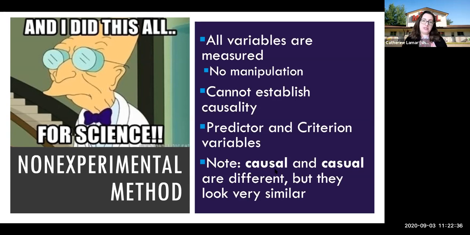So I want you to note that a very common thing that happens all the time is that when we talk about correlation and causation, or causality, or a causal relationship, we are talking about one thing causing another. We're not talking about a casual relationship in any way. And so just keep in mind that it's a very common thing to see causal and read casual. But for research methods, more often than not, we'll be talking about causal relationships or the lack thereof, not casual relationships.